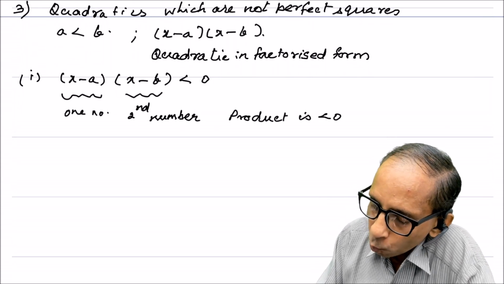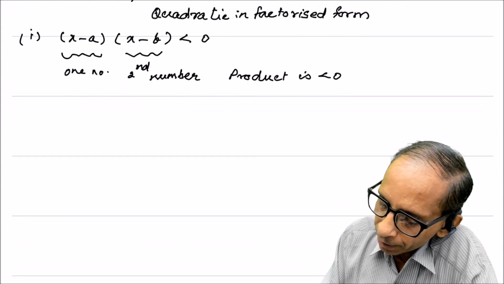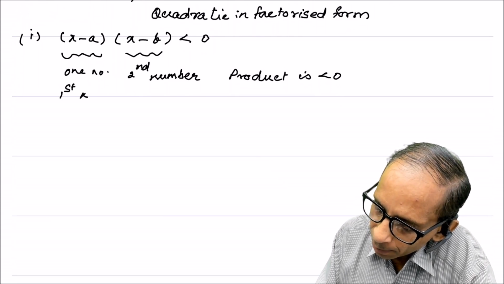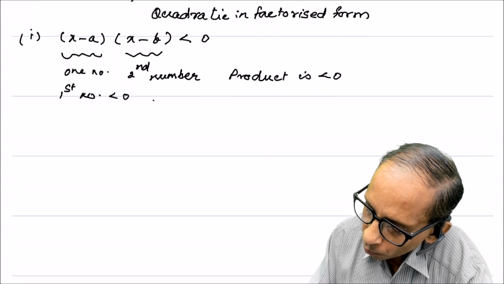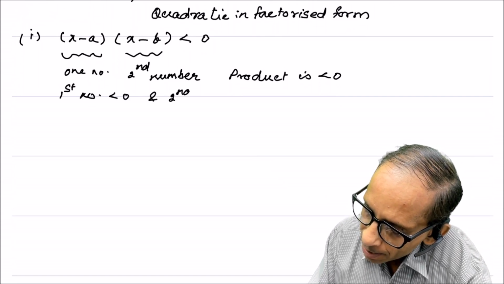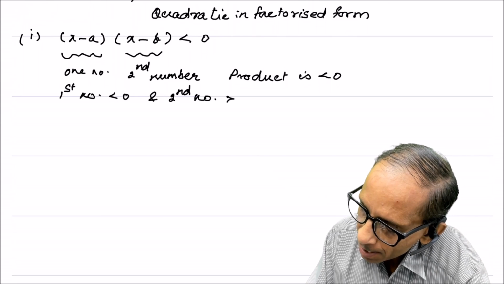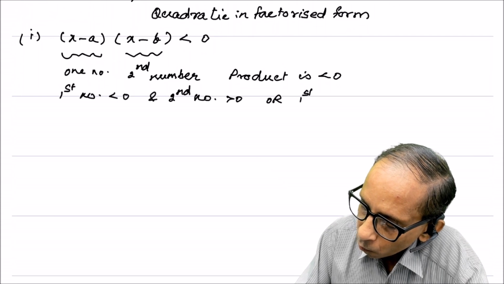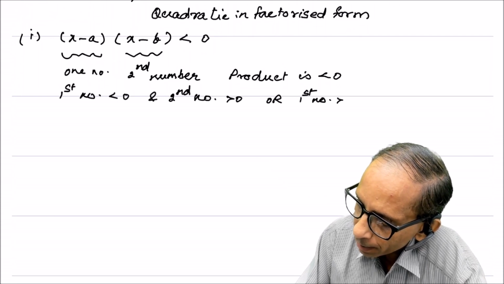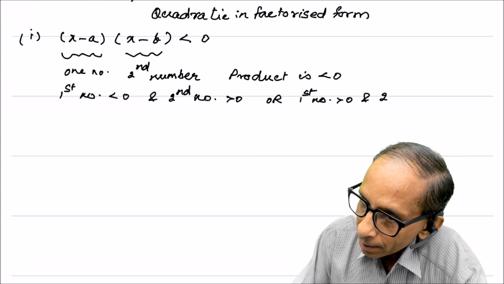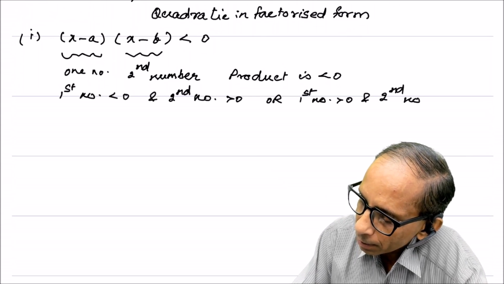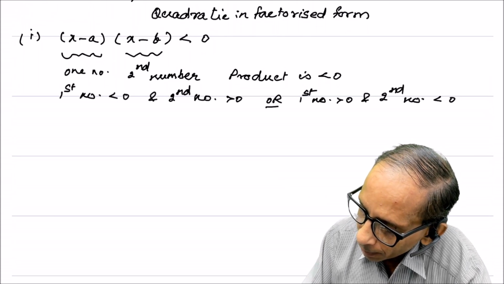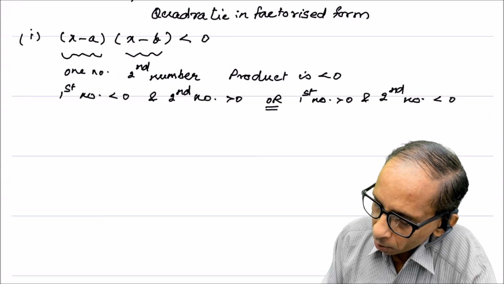If the product of two real numbers is negative, then the conclusion is the first number is less than 0 and the second number is greater than 0, or else the first number is greater than 0 and the second number is less than 0. The connecting sign for us is OR.